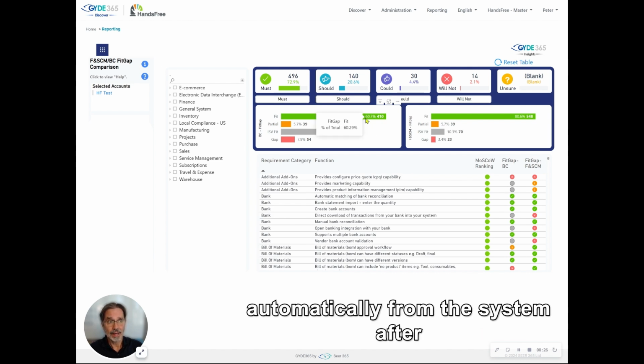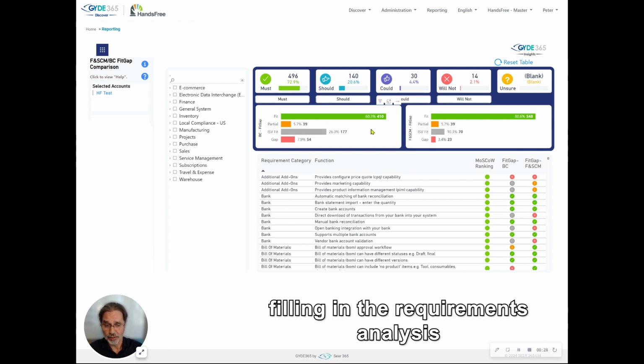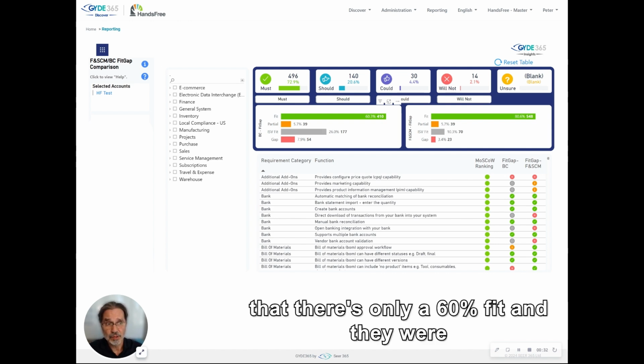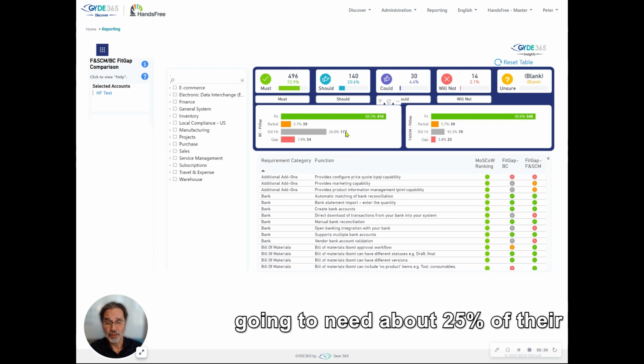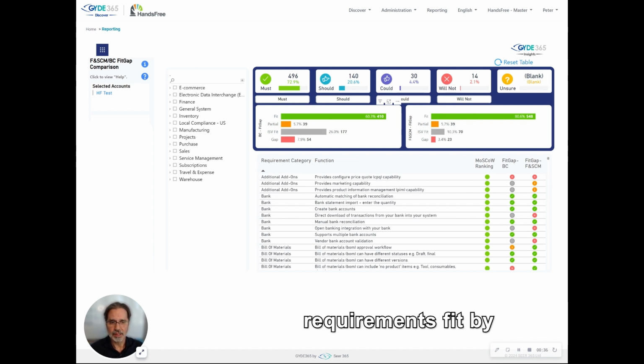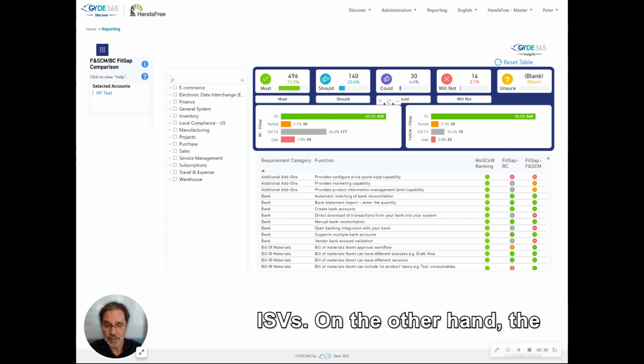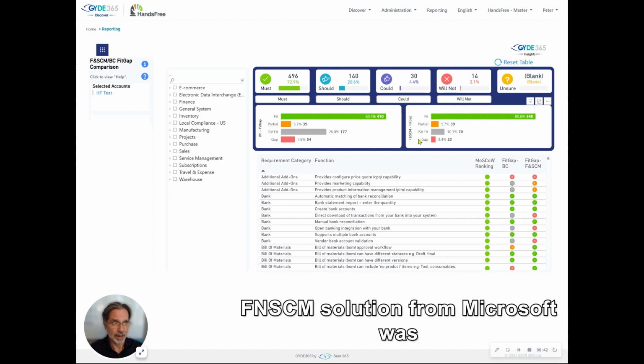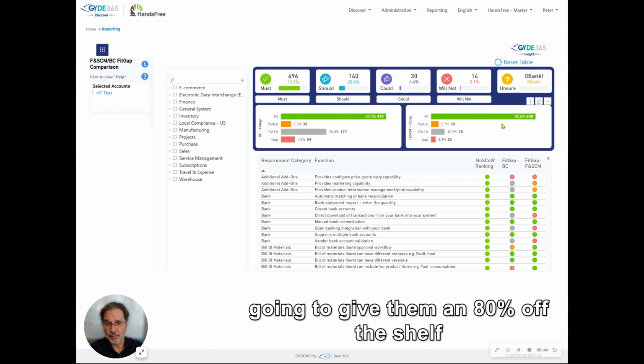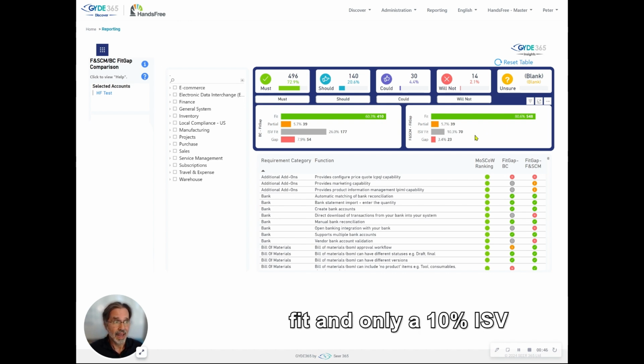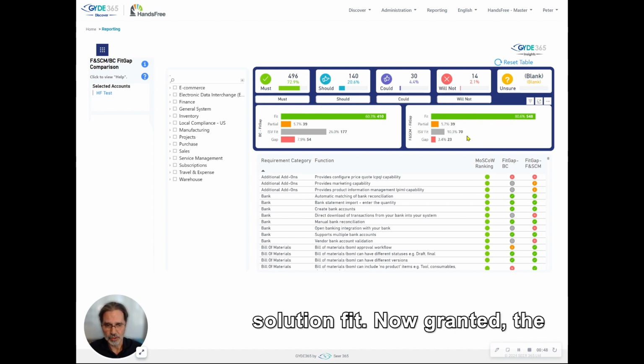They saw automatically from the system, after filling in the requirements analysis, that there's only a 60% fit, and they were going to need about 25% of their requirements fit by ISVs. On the other hand, the FNSCM solution from Microsoft was going to give them an 80% off-the-shelf fit and only a 10% ISV solution fit.